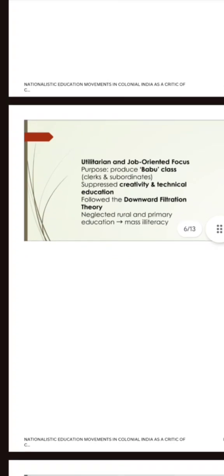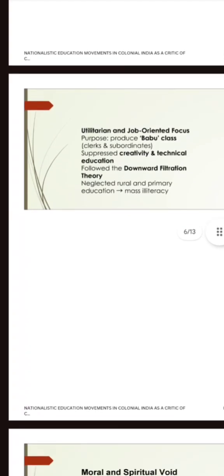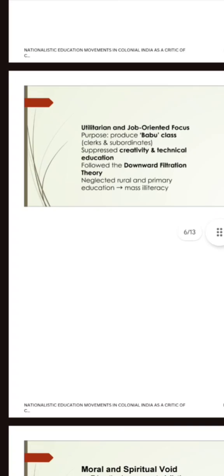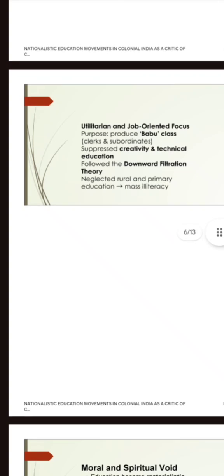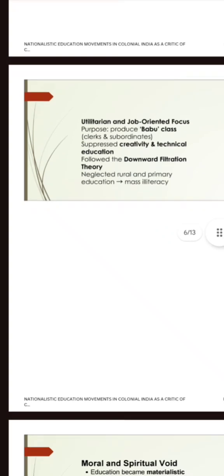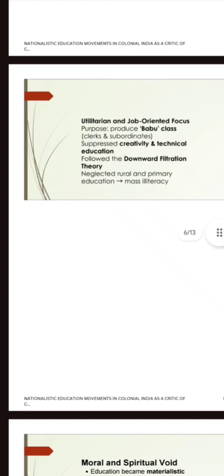Then, the utilitarian and job oriented focus. The purpose was to produce the Babu class, the clerks and subordinates. It stressed clerical skills over creativity and technical education, followed the downward filtration theory, and neglected rural and primary education, resulting in mass illiteracy.